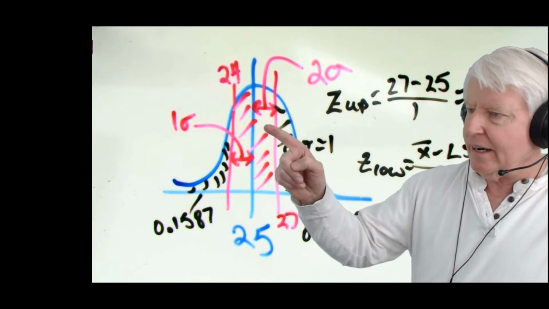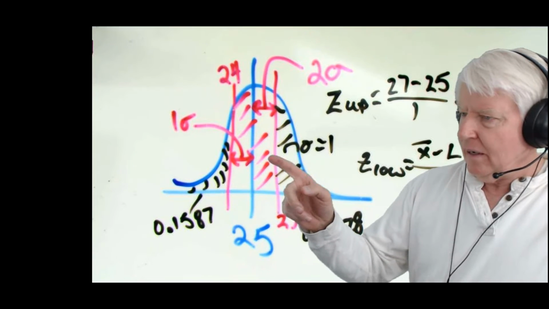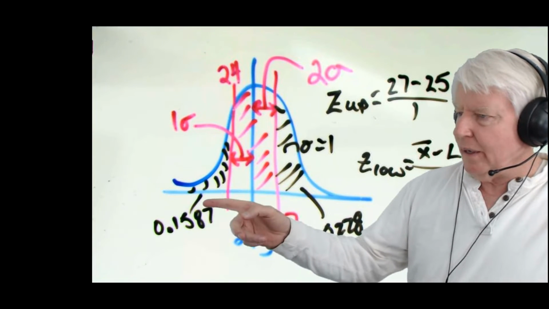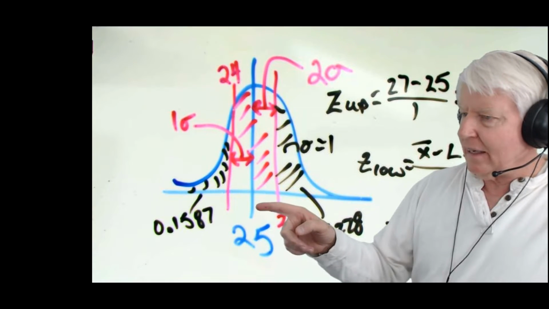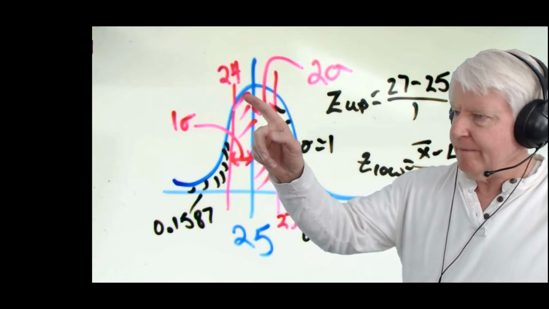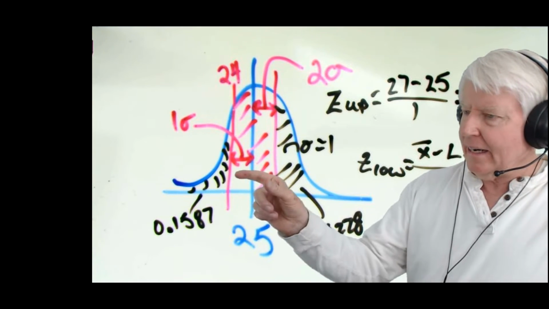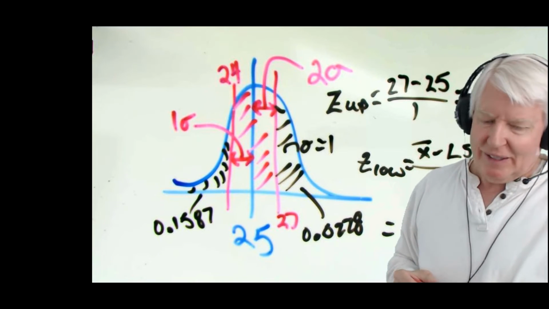That gave me this area right here to the right of the average. I see. And then I went to the other one, 0.1587, and subtracted that from 0.5, which gave me this area. Then I added those two areas together, but the way you did it was much easier.